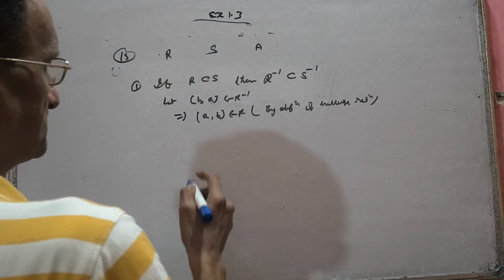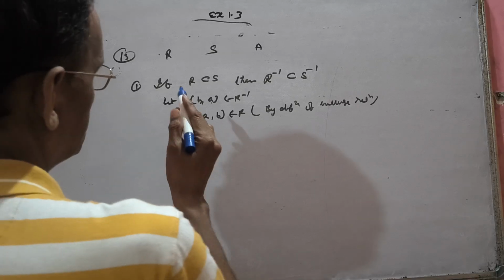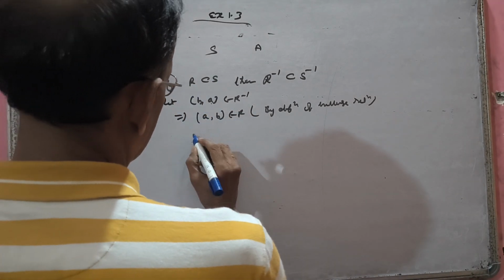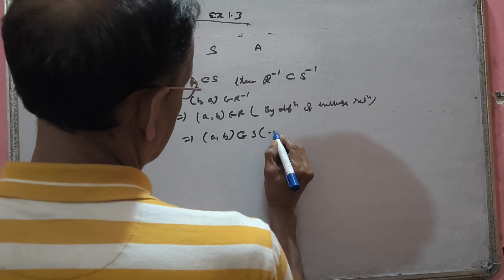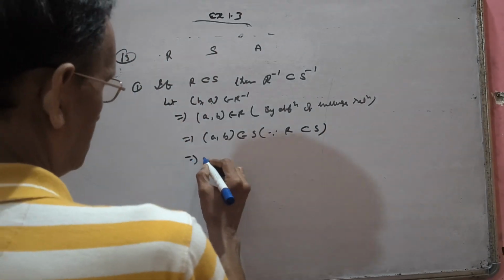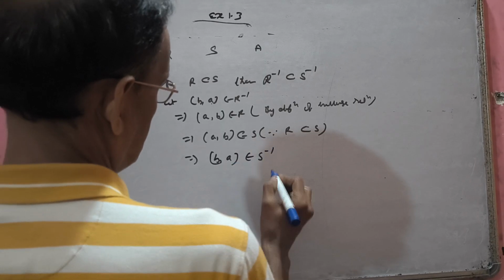We don't have to do equal, subset only, so we will reply only. If (B, A) belongs to R inverse, then obviously (A, B) belongs to R by the definition of inverse relation. But R is a subset of S means, as in class 9 we have the concept, everything of R is there in S. So if (A, B) belongs to R, it implies (A, B) belongs to S, since R is a subset of S. So by definition what you will get? (B, A) belongs to S inverse.